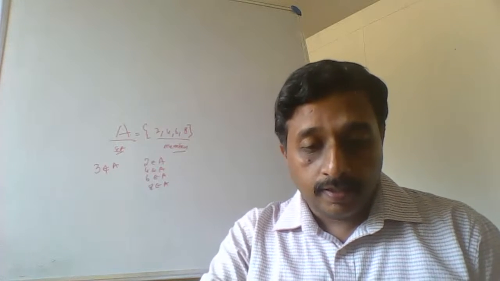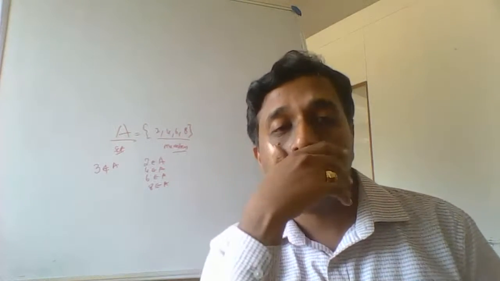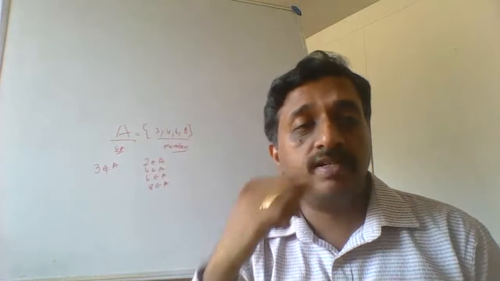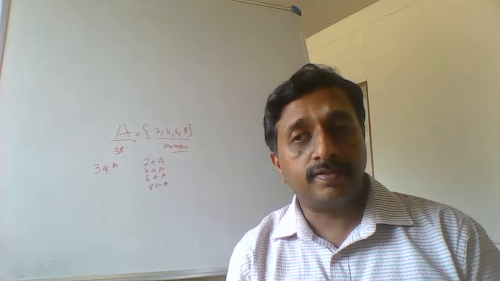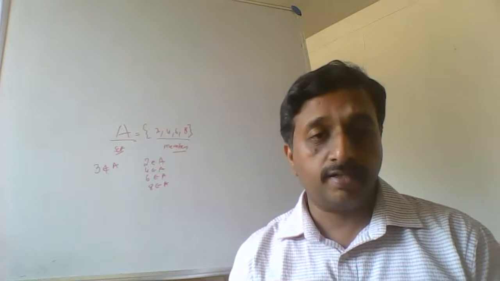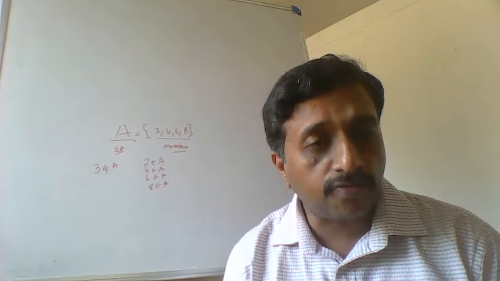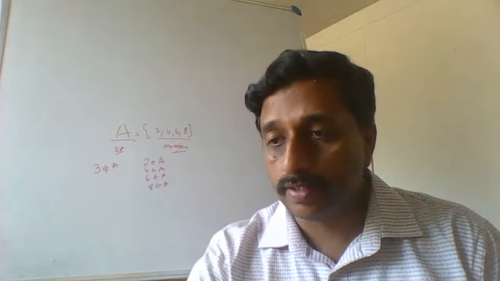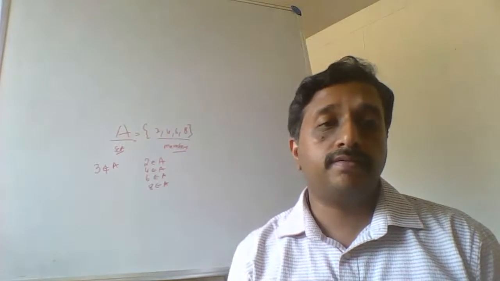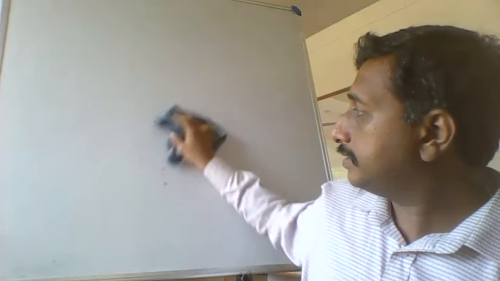Now, the representation of a set. How do you represent a set? Usually, a set is represented in two different ways: roster form, which is also called tabular form, and set builder form, or rule method.